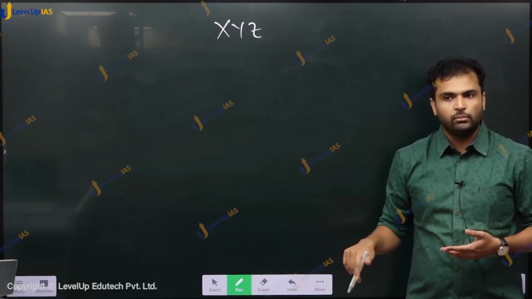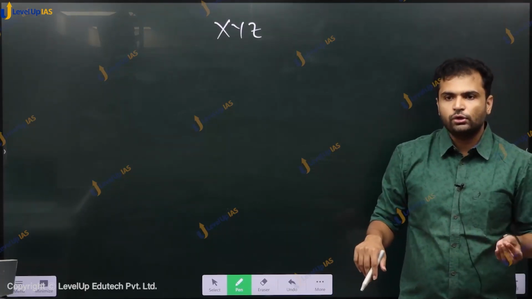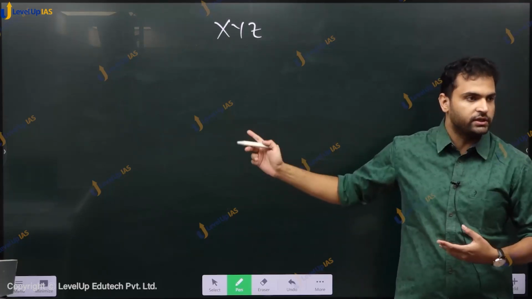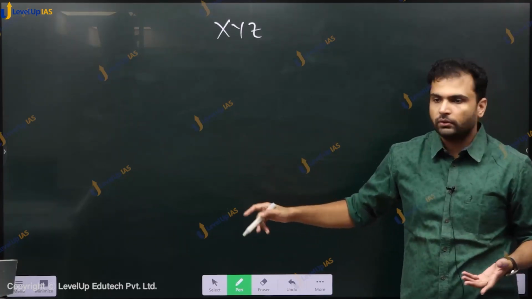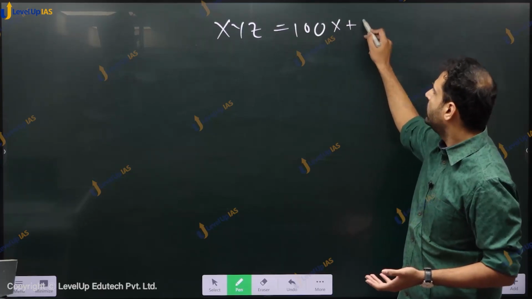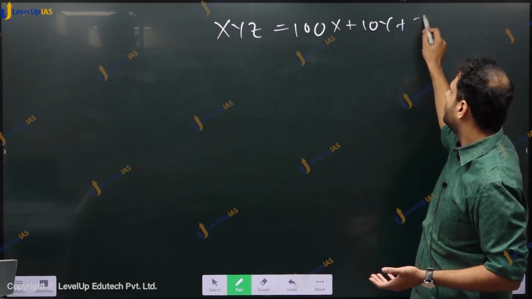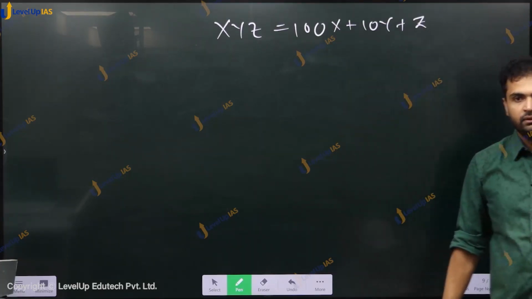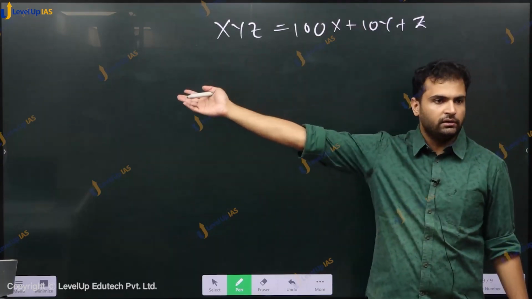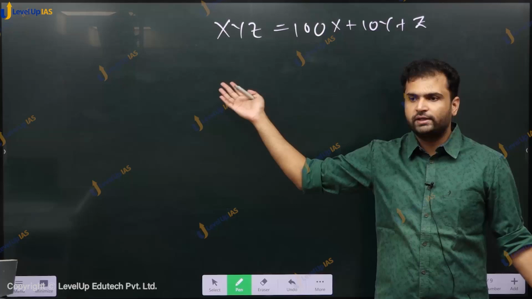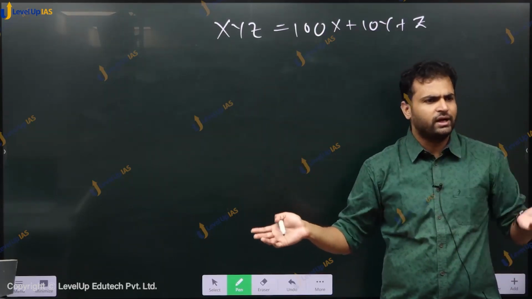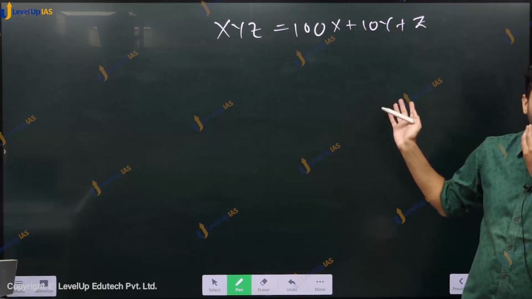So we have a 3-digit number. They are saying that the ratio of this number to the sum of its digits is least. Okay, so what is this number? This number is nothing but 100x plus 10y plus z, right? Because we had to take some numbers from our side, we took unknowns x, y, z. Our first intuition was, when there are x, y, z, we try to gauge if using place values is possible.